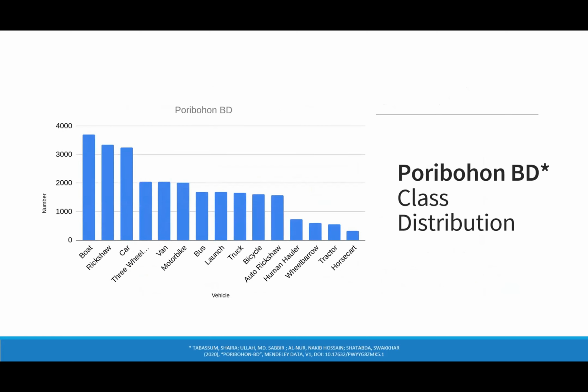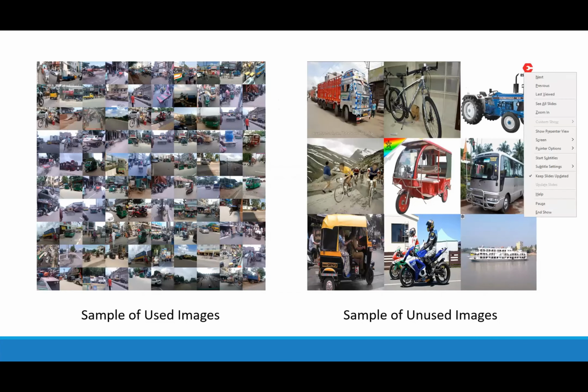Fortunately, we managed to find an open data source of Bangladeshi vehicles, which we could only use partially. From the class distribution of that external dataset, it is clear that it does not completely match the Dhaka AI data. So we had to further clean this dataset to use for our purpose. In the next slide, we can see the usable and unused classes from our external dataset.